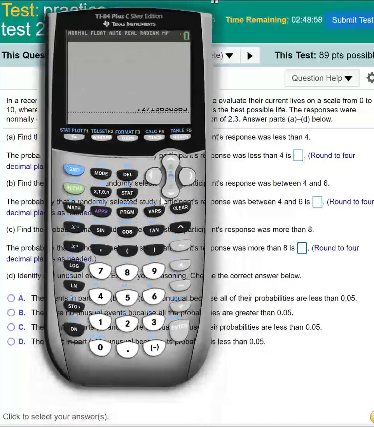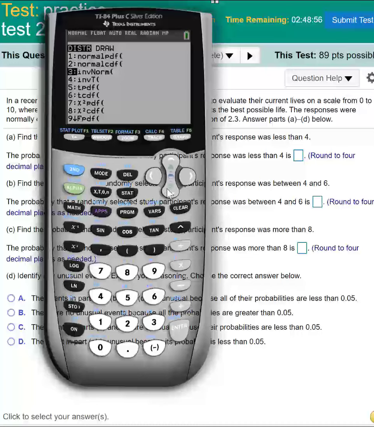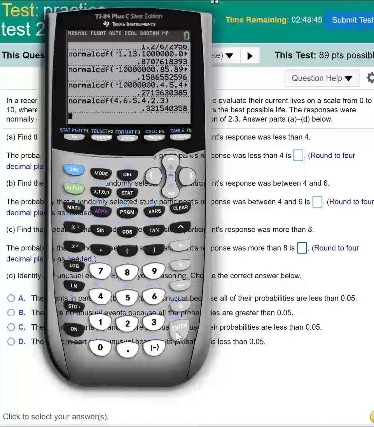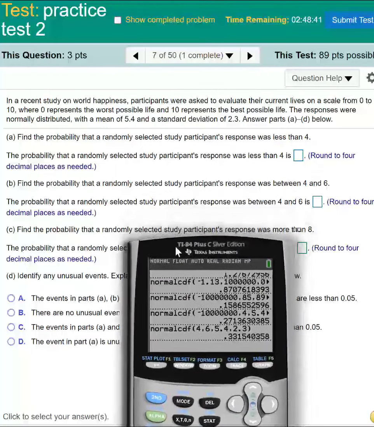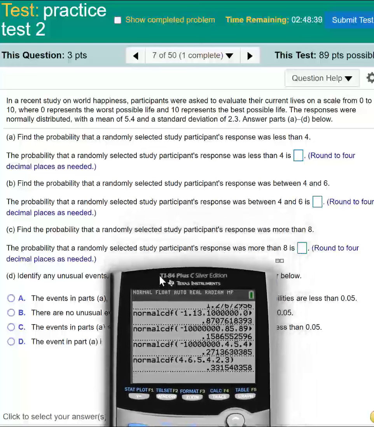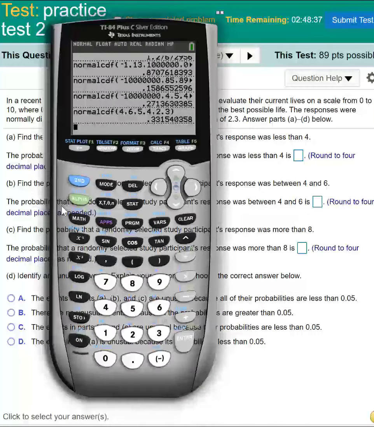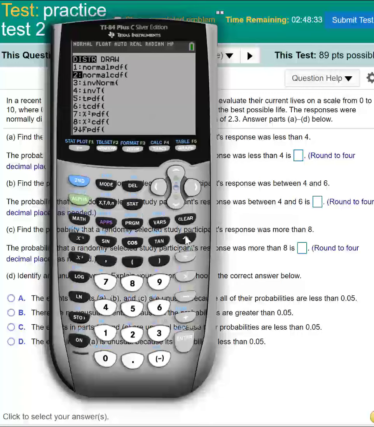Second question, what's the probability a randomly selected study participant's response was between 4 and 6? So it's second and variables, normal CDF, and lower is 4, upper is 6, and the mean and the standard deviation remain the same. There you go. Next question. Probability that a randomly selected participant's response was more than 8. That's a low probability here. More than 8, so you start with 8 as the lower.